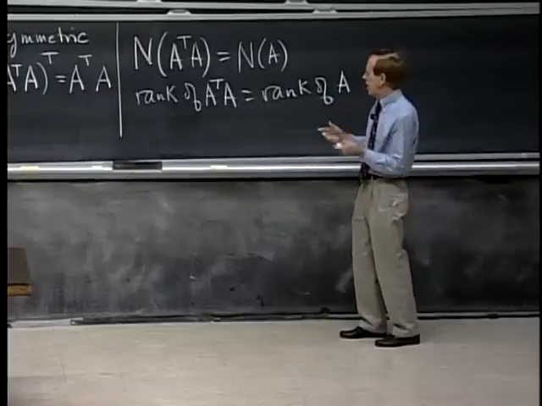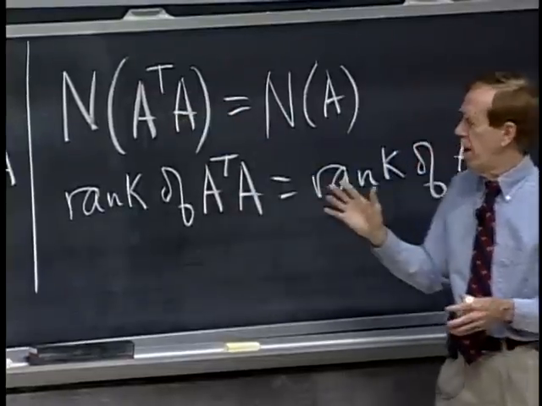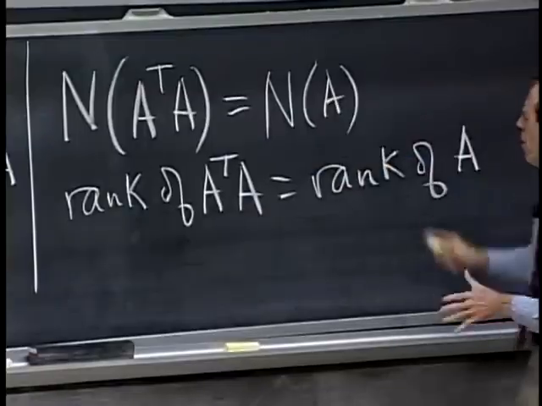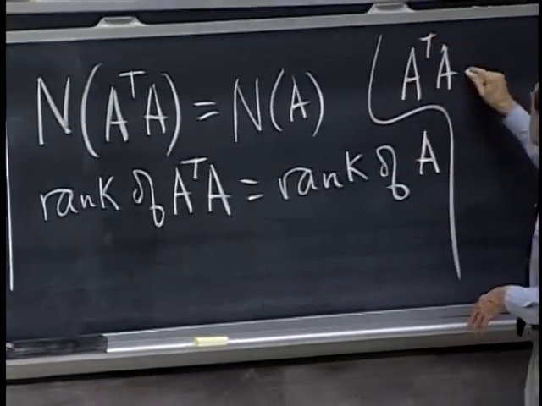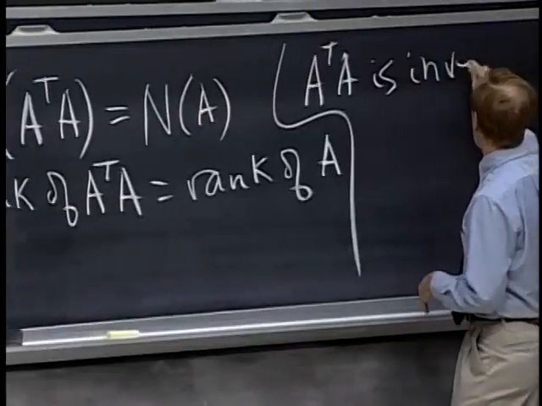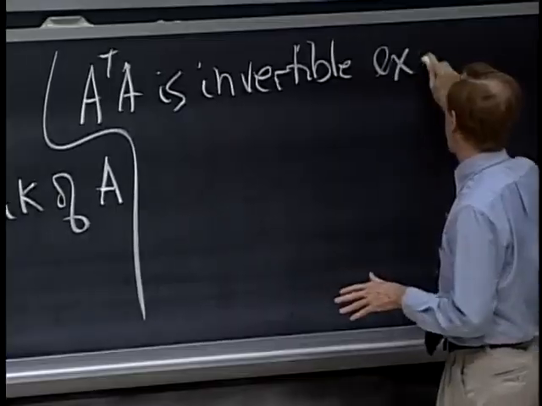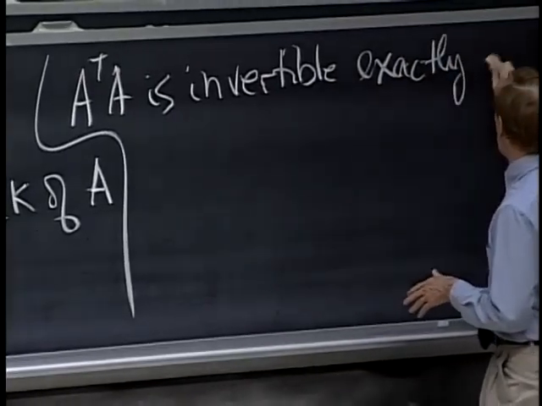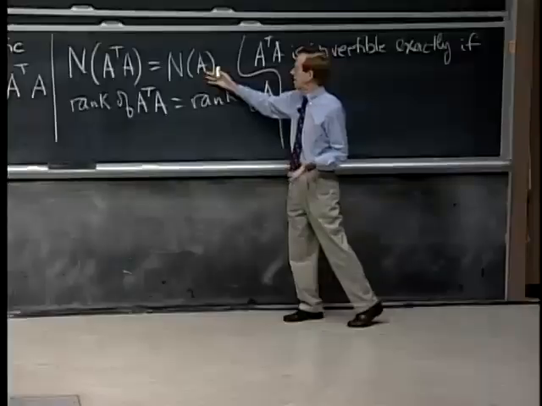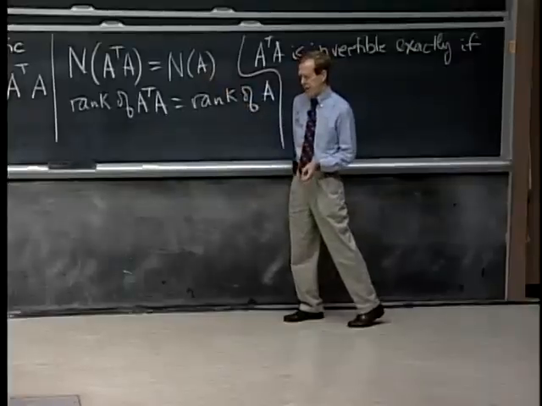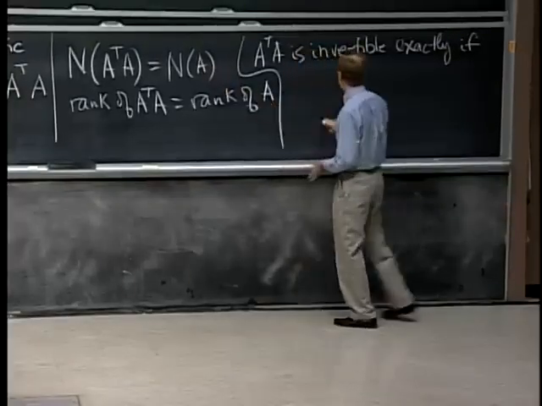This tells me that this square symmetric matrix is invertible if, so here's my conclusion. A transpose A is invertible if, exactly if, this null space only has the 0 vector, which means the columns of A are independent.